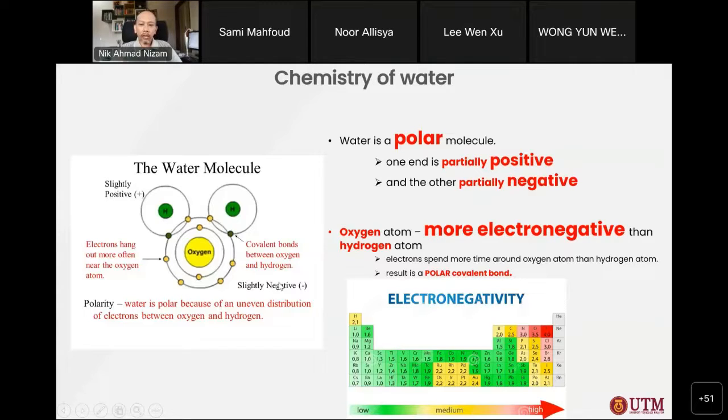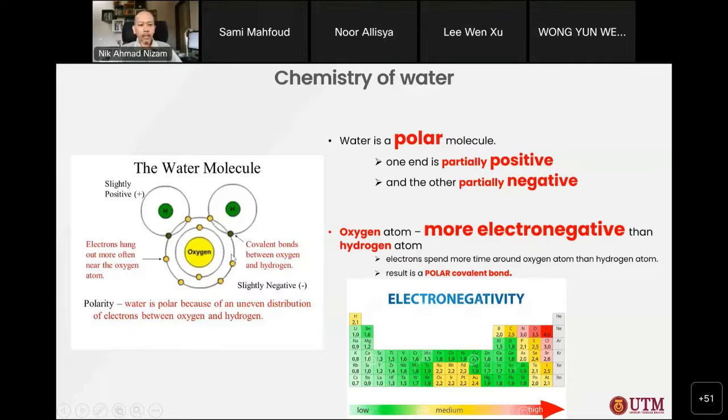So the chloride ion is the full negative. Sodium Na plus is a full positive. But for the water molecule, it's only slightly positive, or sometimes we call it partially positive, and slightly negative for the oxygen, or partially negative for the oxygen.